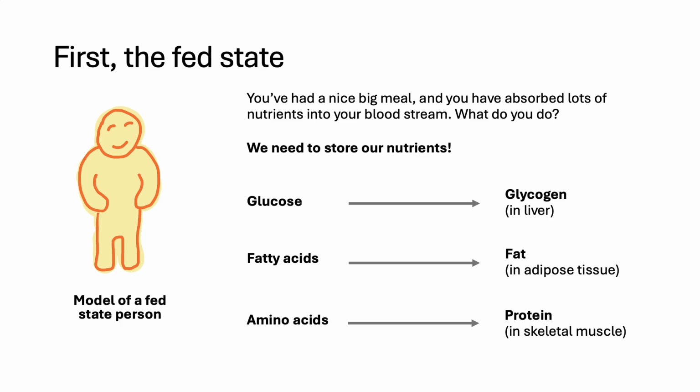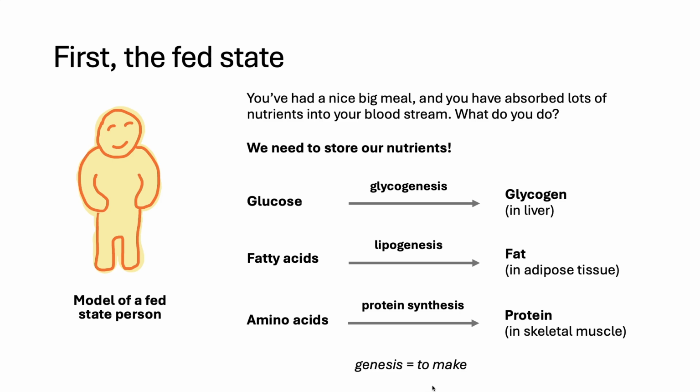Now, each of these processes has a fancy biochemical name. So, the process of making glycogen is called glycogenesis. The process of making fat or triglycerides is called lipogenesis. And the process of making proteins is called protein synthesis. Now, I searched up, there is a term proteogenesis, but I don't think anyone uses that, so we just say protein synthesis.